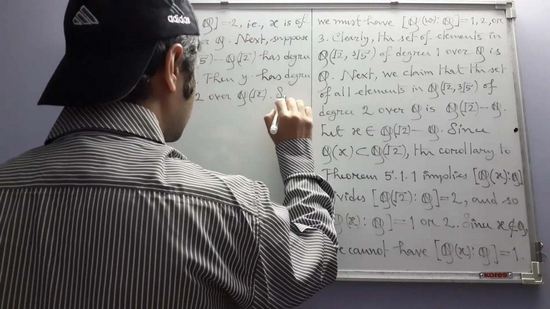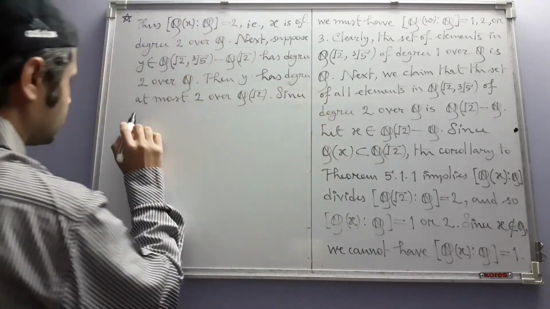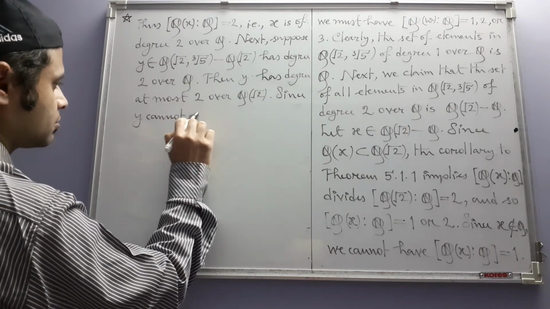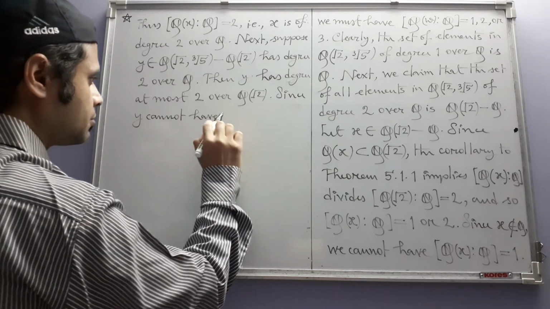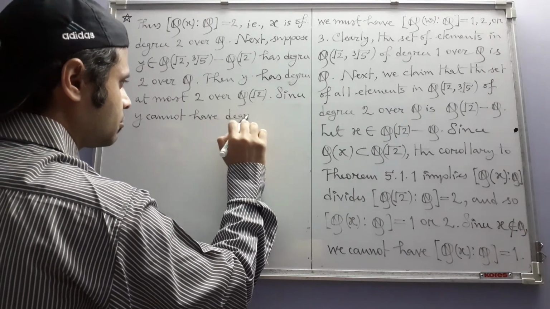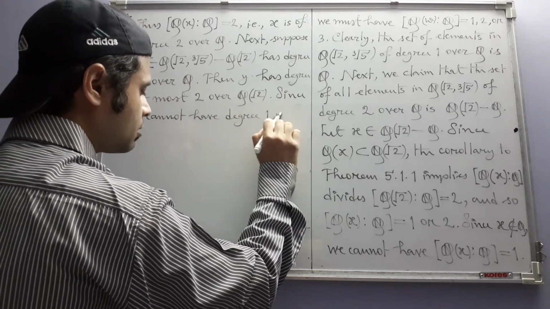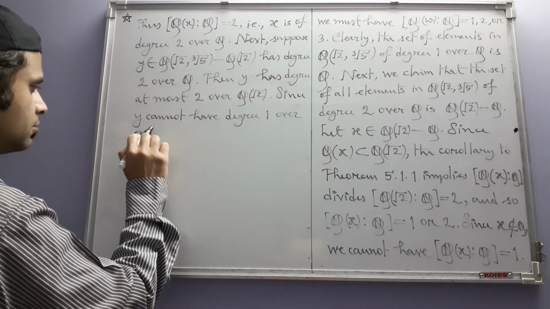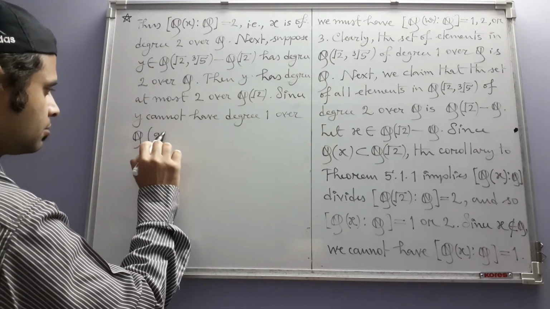Since y cannot have degree 1 over Q(root 2), what is the reason?